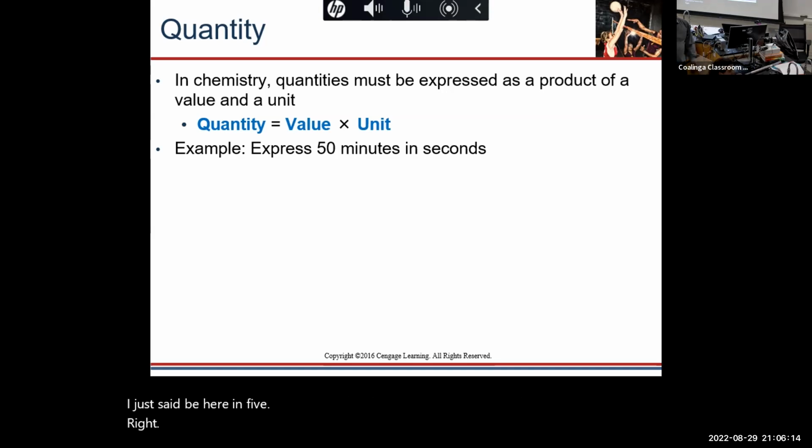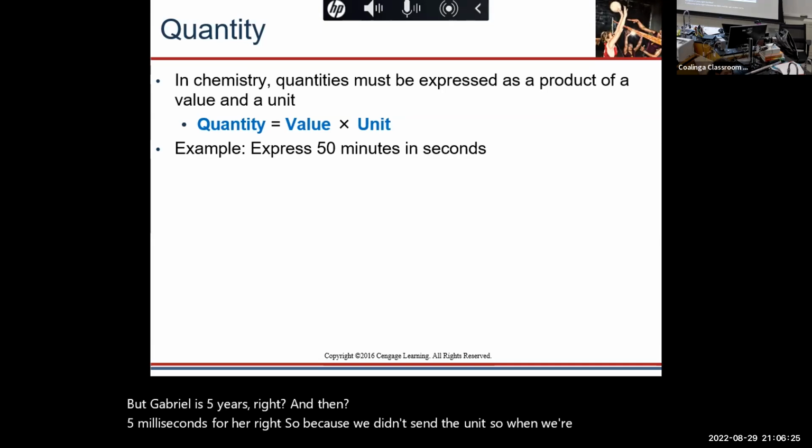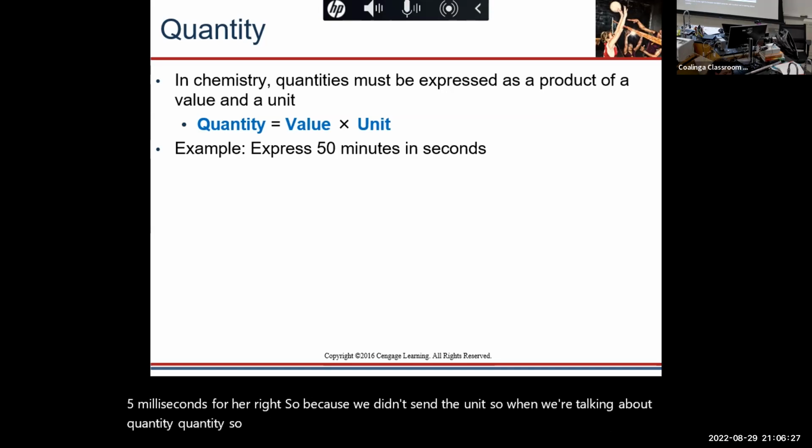Yeah, but for Gabriel it's 5 years, and then it's 5 milliseconds for her. Because we didn't say the unit. So when we're talking about a quantity, a quantity consists of a value and a unit. So we always need units to help us know what we're talking about. Okay.